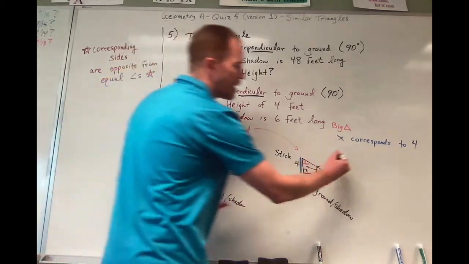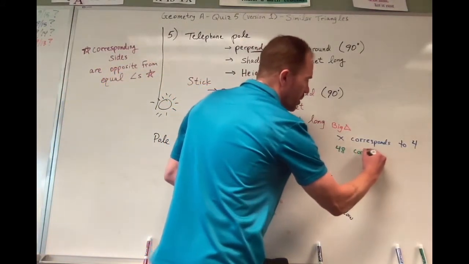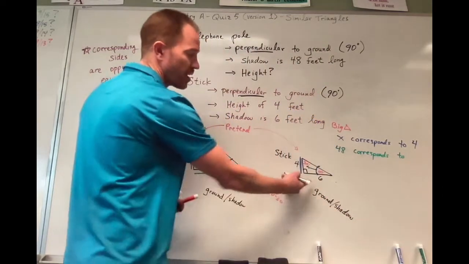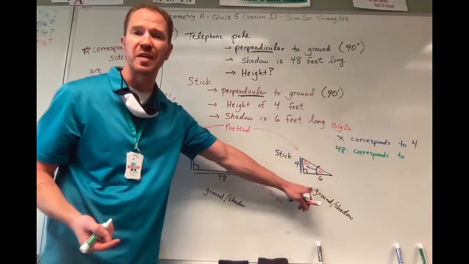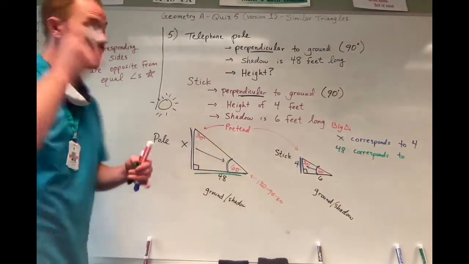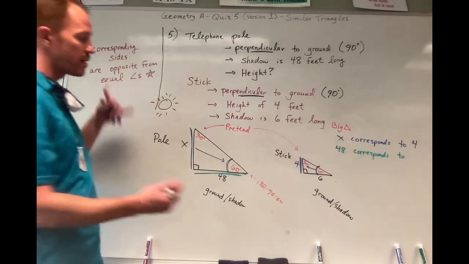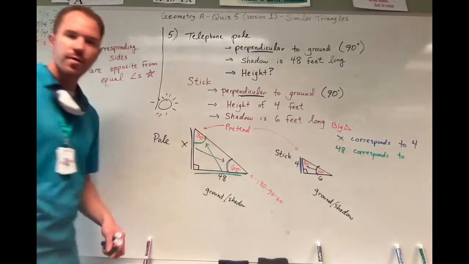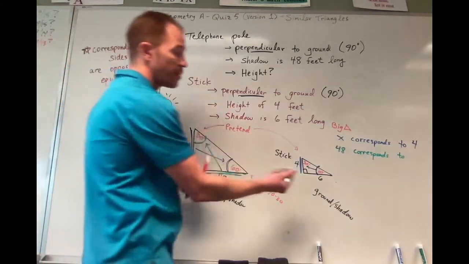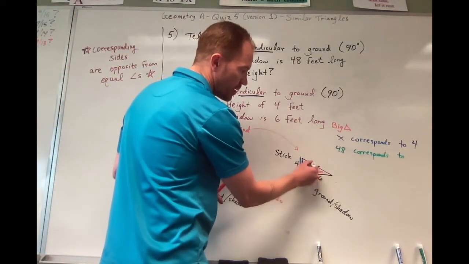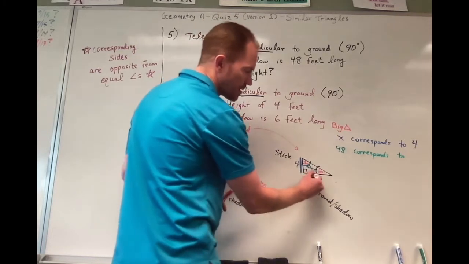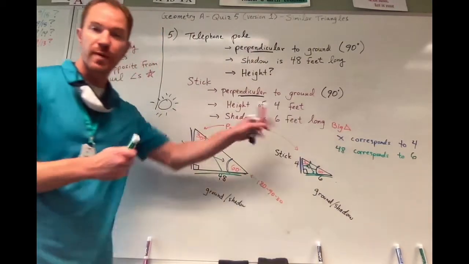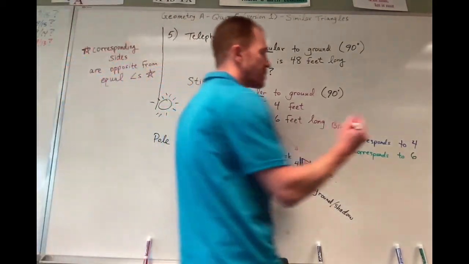The 48 corresponds to, well, I'm guessing it's probably going to be the 6 because I don't have any other numbers over here. But let's just verify that. Corresponding sides are opposite from equal angles. The side length of 48 is opposite what we're pretending is a 30-degree angle. I have a pretend 30-degree angle over here, and that's opposite from the 6. So 48 does correspond to the 6, but just to make sure we have it in that order, because otherwise we could get in trouble.